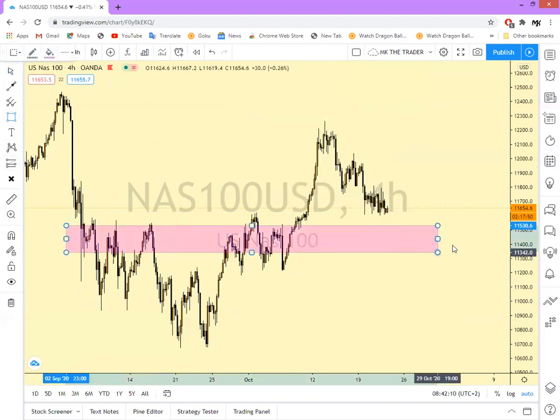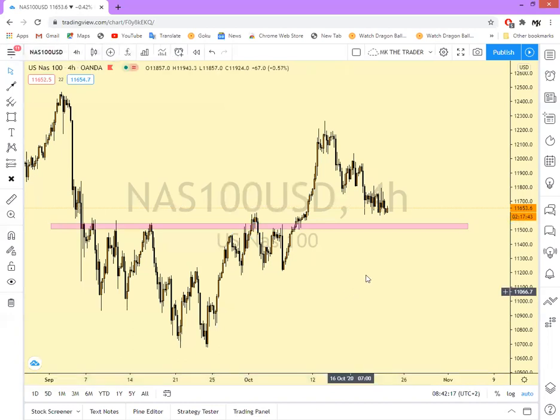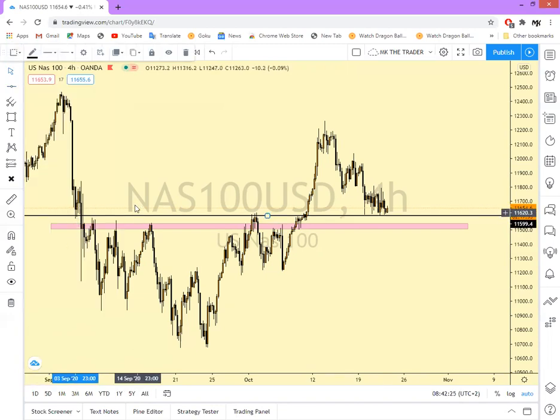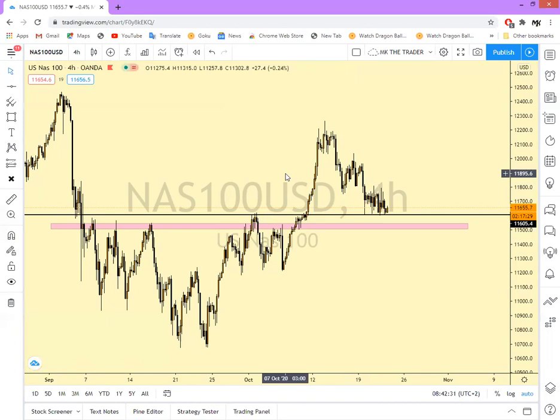We have a level here, level of support, and then here we have a level again.